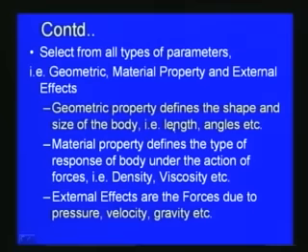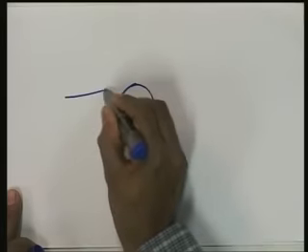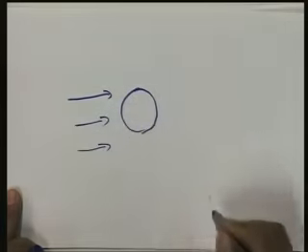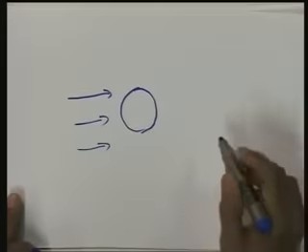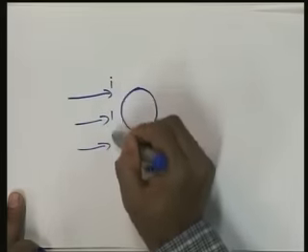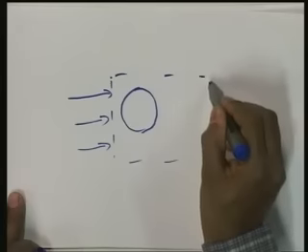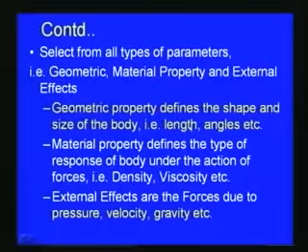When we do modeling, for example of flow over a cylinder, we have to see what dimensions we are going to model, the size of the cylinder, and all other parameters we have to define.